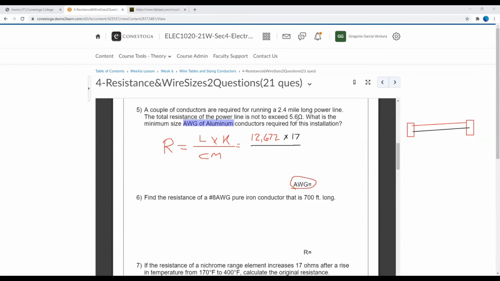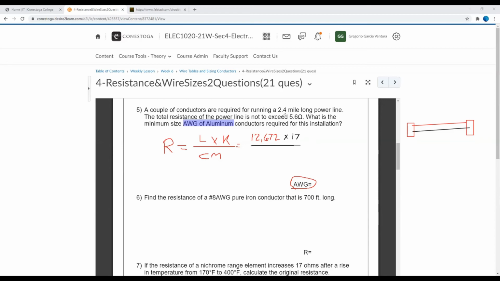So something important here, okay? The total resistance of the power line is not to exceed 5.6 ohms. The question doesn't specify if it's going to be 5.6 ohms per conductor or 5.6 ohms total.